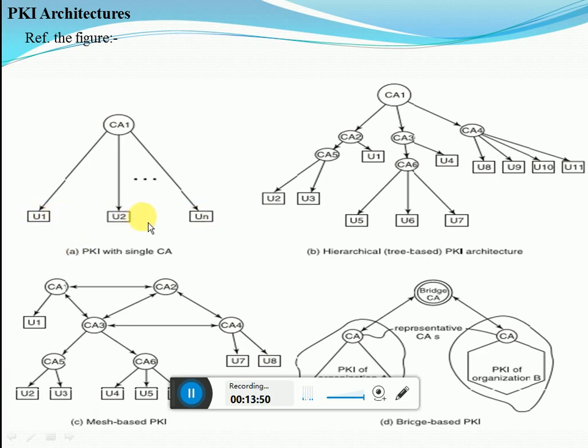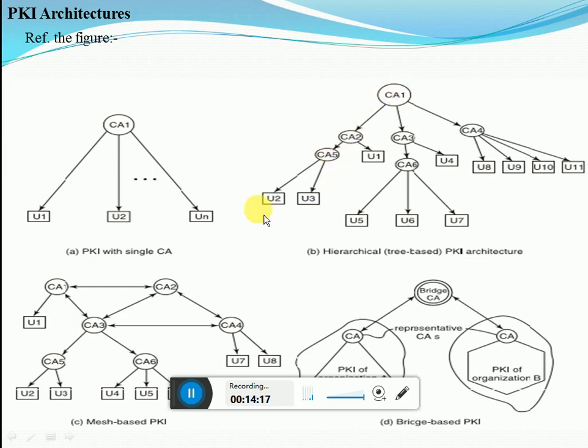Then the second PKI architecture is a hierarchy of certification authorities. CA1 is going to appoint a few certification authorities. In turn, these CAs are going to appoint new CAs who work under them, who are trusted parties for them, who will issue certificates on behalf of CA1 to end users.